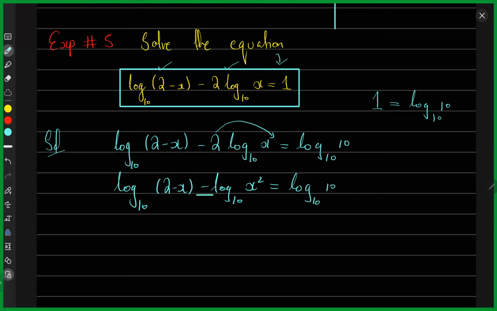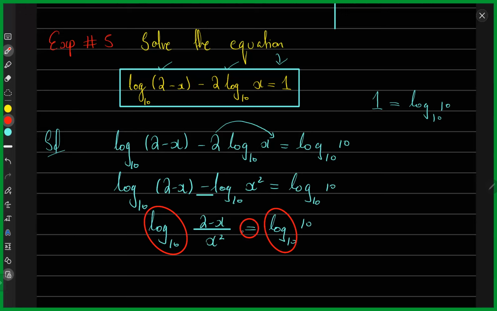I can write this entire thing as 1 log and it would be written as log base 10 of (2 minus x) divided by x squared, and that is equal to log base 10 of 10. Again, the situation is same. We have log base 10 on both sides, so I can directly say that these two entries are equal.